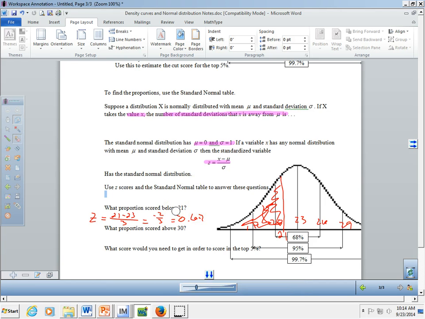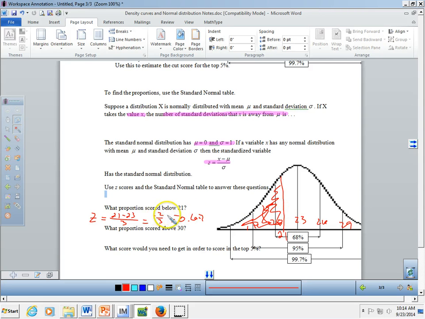Round to the nearest hundredth, and I'll show you why to the nearest hundredth in just a second. Okay? Which makes sense because we talked about this sliver maybe being a third of this curve. That's because 21 is 2/3 of the way away from the mean, since 1 is a third of 3.